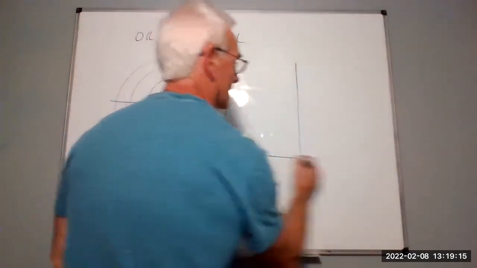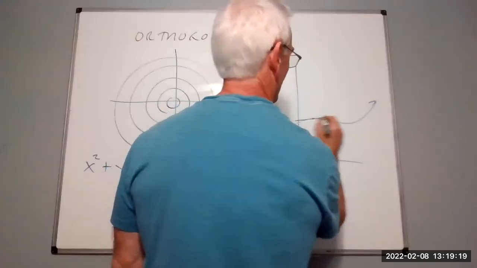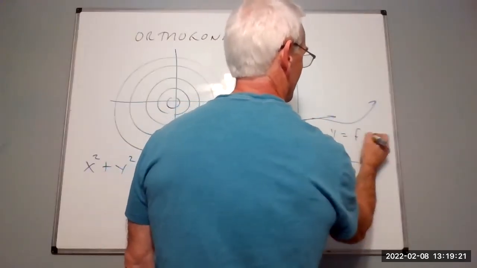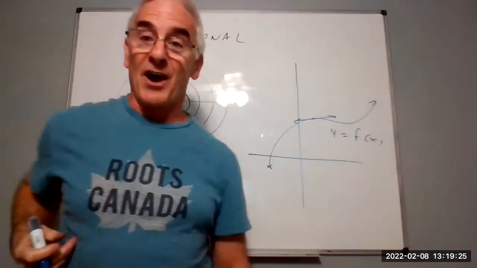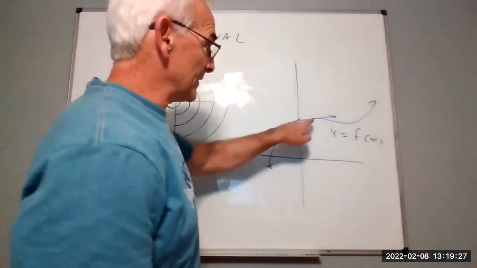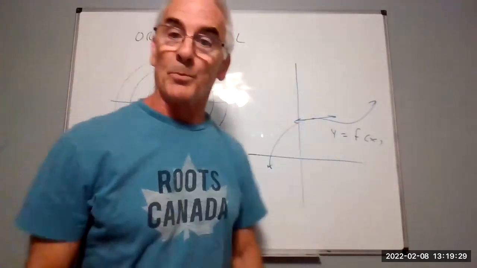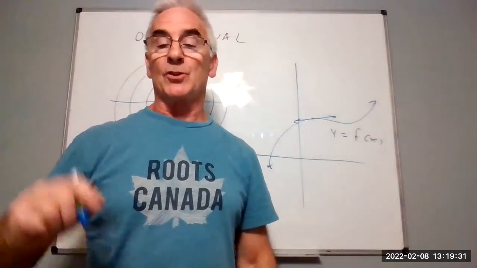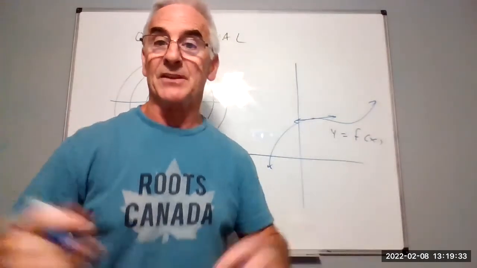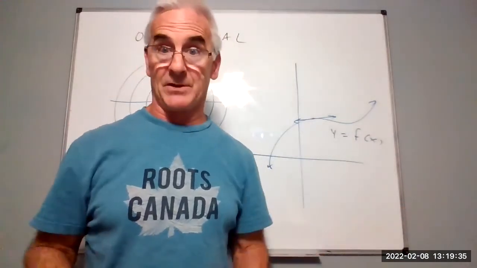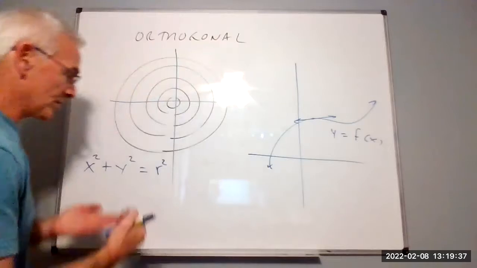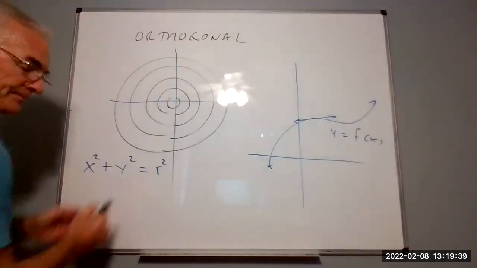Derive. So I've got some function and I want that tangent line. What do I have to do? Find the derivative. Good. I have to find the derivative, and the derivative evaluated at that point is the slope of that tangent line. Okay, so in order to find tangent lines, I have to take derivatives. No way around it. All right, so what I want to do is find dy/dx.